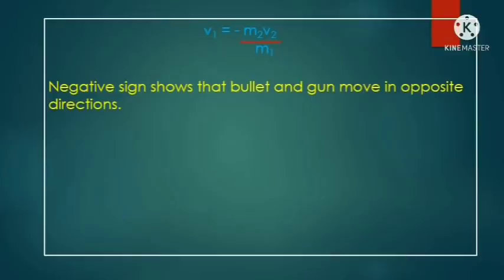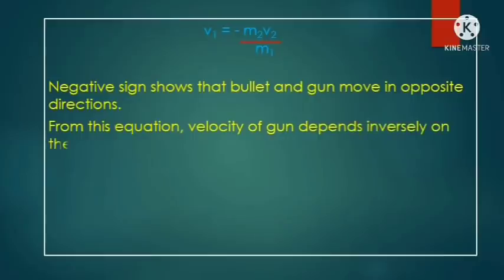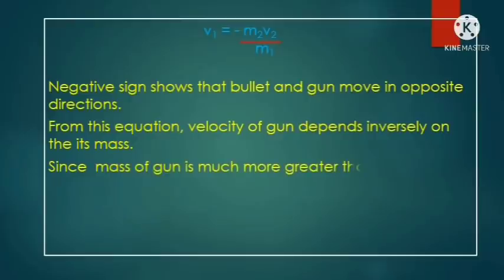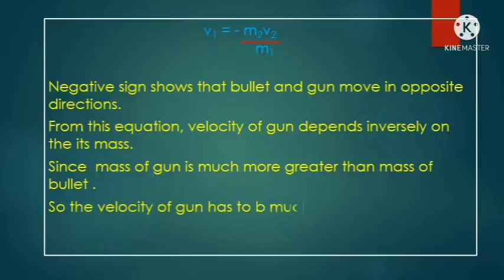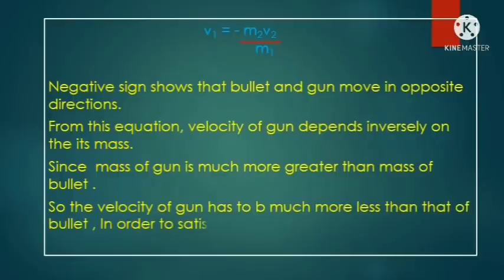From this equation, we get that the velocity of the gun depends inversely on its mass. Since the mass of a gun is much greater than the mass of the bullet, the velocity of the gun has to be much less than that of the bullet in order to satisfy the above equation.